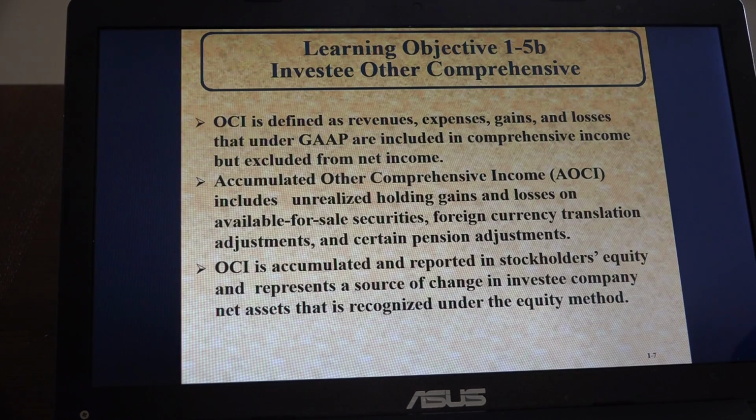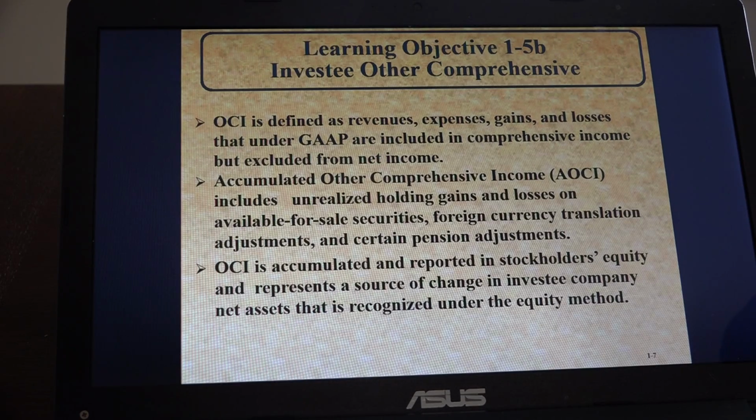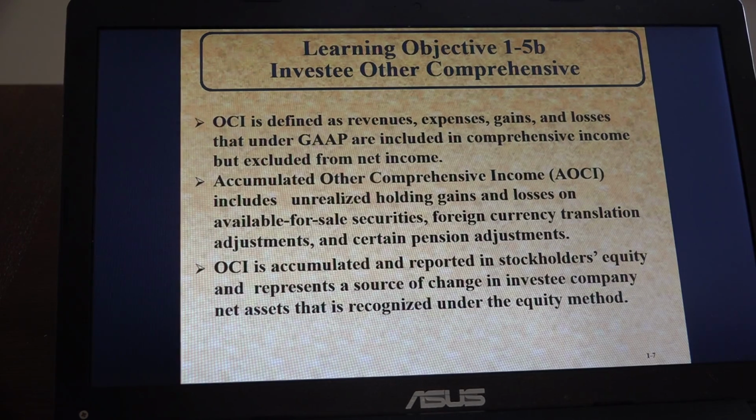And so if you look at page 16, they're increasing their investment in Norris Company by 174,000 debit. 150 of that credit goes to equity in investee income, and then another 24,000, which is the 80,000 total OCI multiplied by the 30% that Charles owns. So other comprehensive income, 24,000. So that's pretty cut and dry.